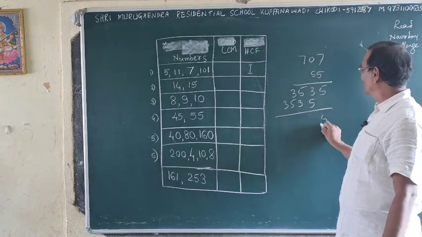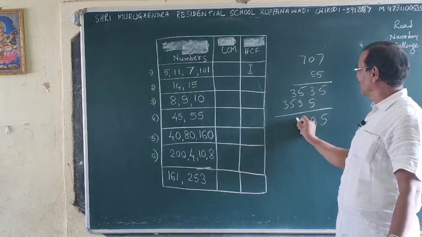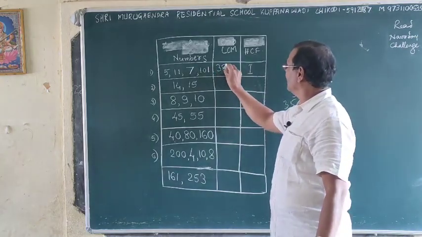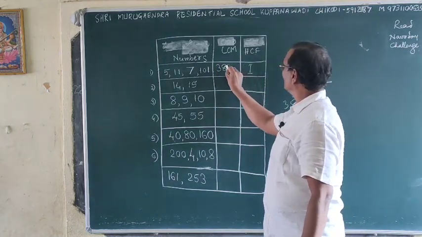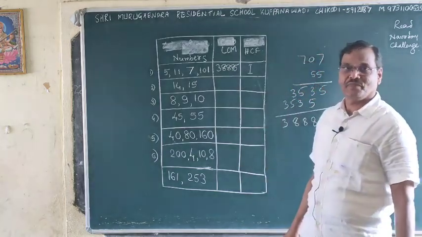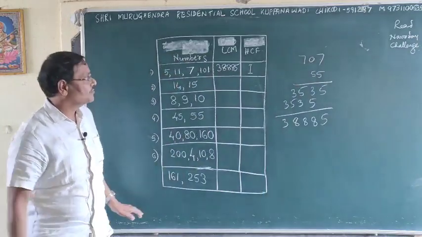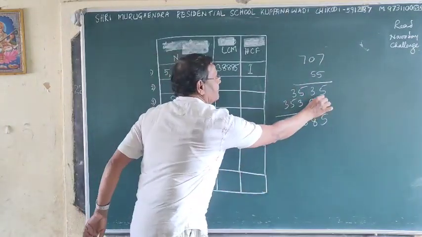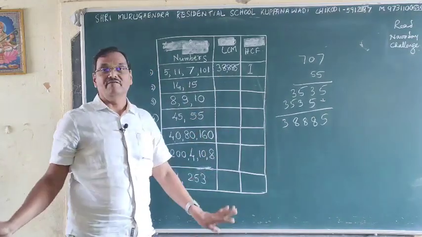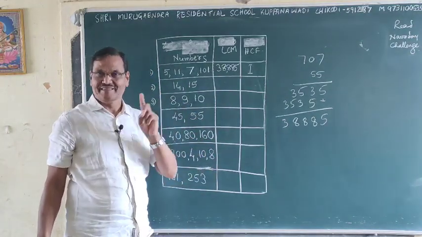Okay, fast we can do: 38,885 is the LCM.